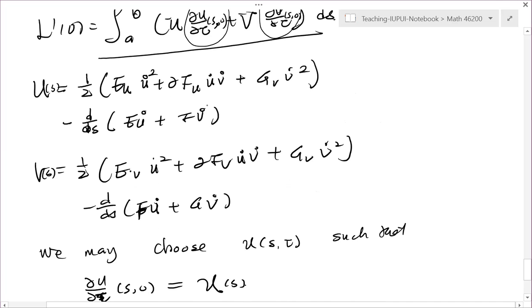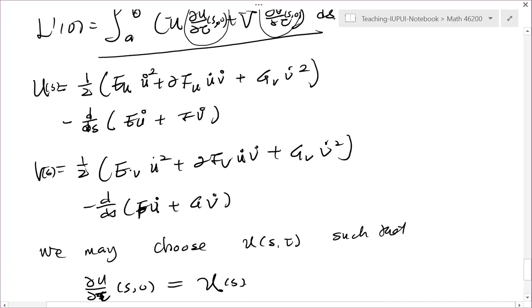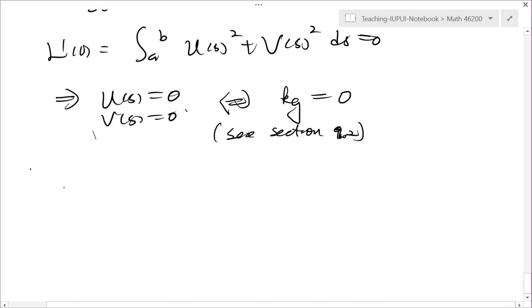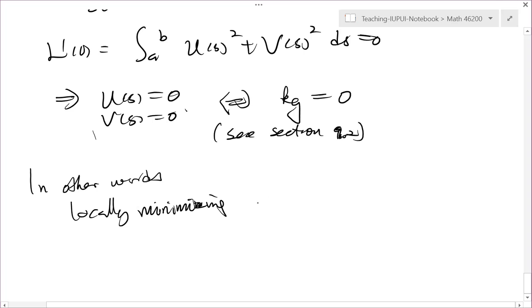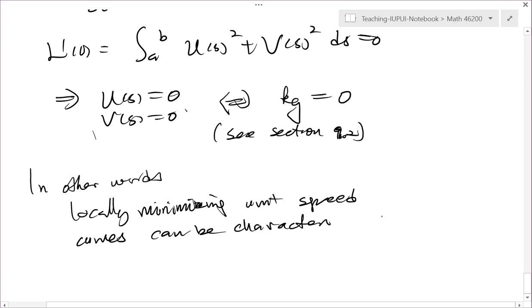In other words, minimizing unit speed curves can be characterized by U equals 0 and V equals 0.